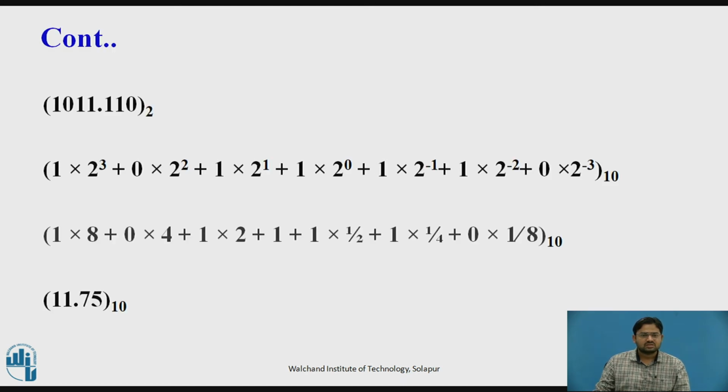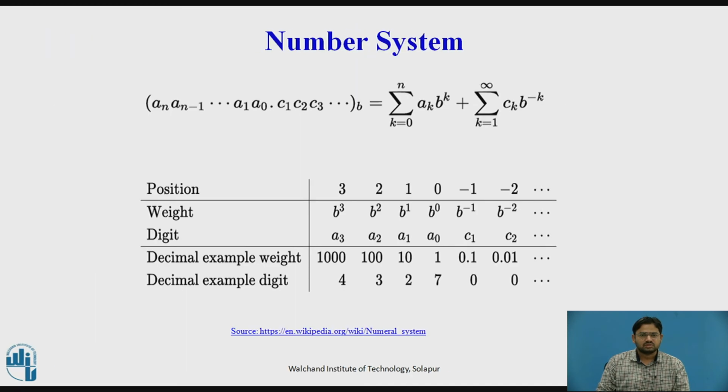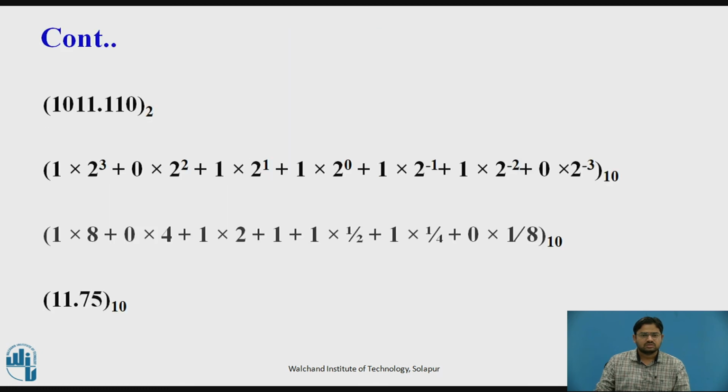So let us discuss how you can represent numbers by using the same number systems, by using this expansion. Again this digit has a weight of 2 raised to 0, this one has a weight of 2 raised to 1, this one 2 raised to 2, and this one 2 raised to 3.